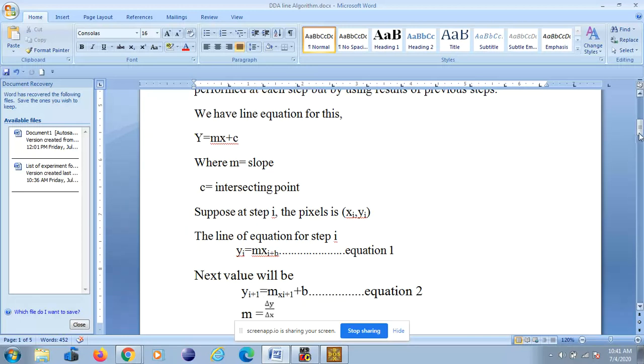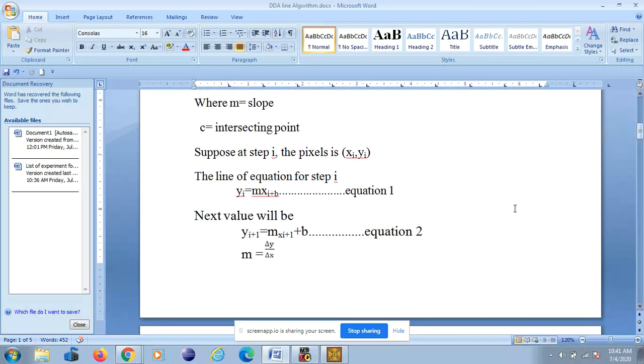After that we will calculate the slope value m equal to del y by del x, where del y is the value of yi plus 1 minus yi. So del y is the current value of y minus the previous value of y. Like that we can calculate del x also, xi plus 1 minus xi.